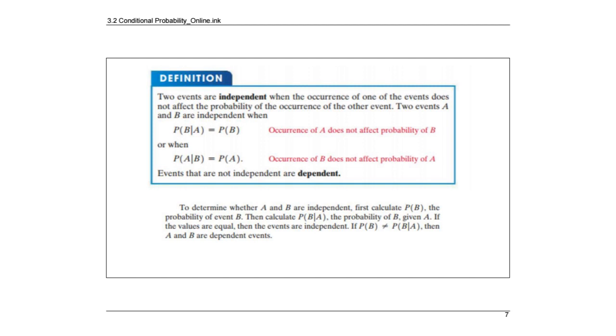But if they're dependent, then we have to be careful. So dependent would be like picking the card and not putting it back in. Well, now we have less cards, and so the probability is going to change. So the probability is determined based on us already taking a card.